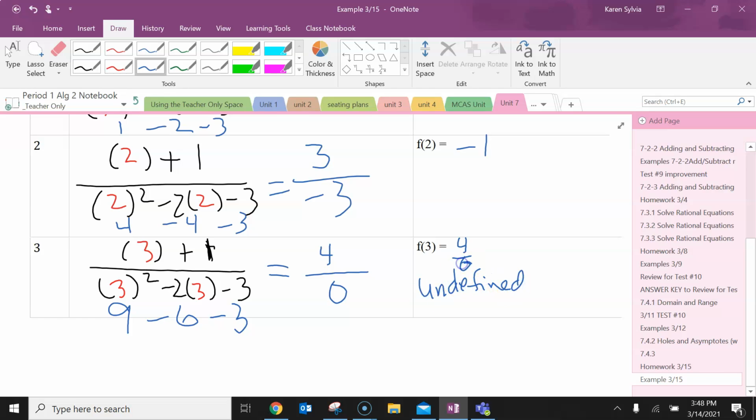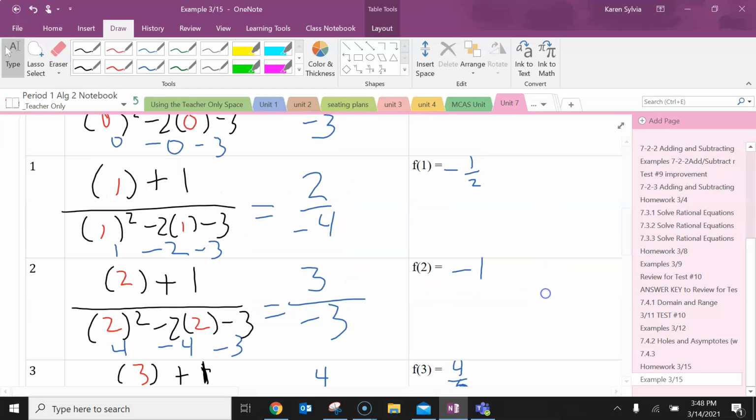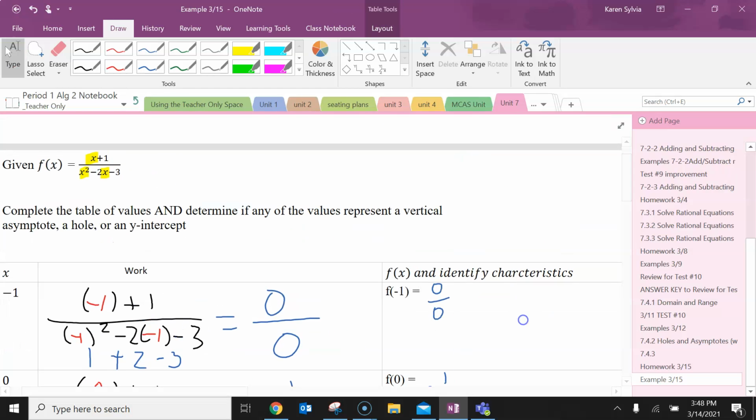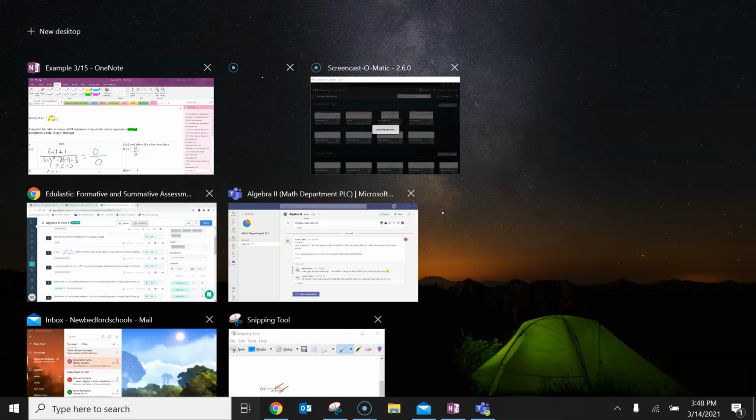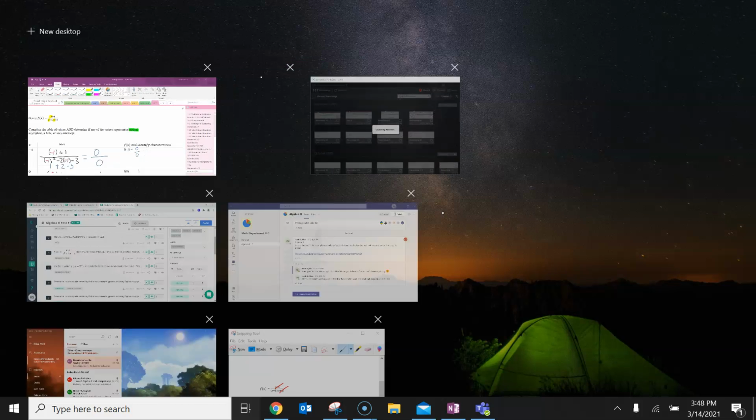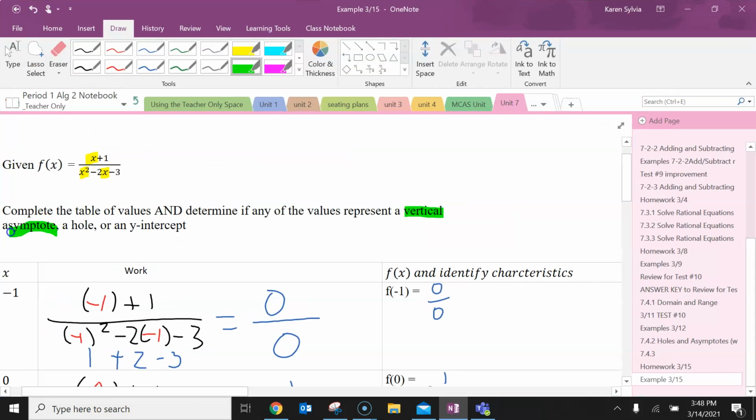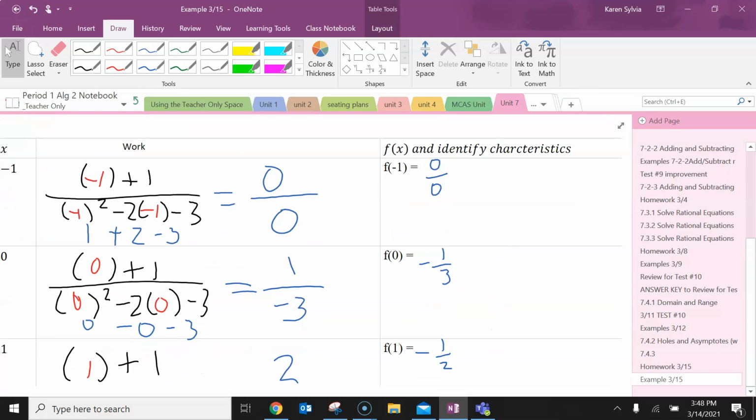So now I've got them all evaluated. My next task is to identify whether or not these values represent a vertical asymptote, a possible hole, or the y-intercept. So by definition, a vertical asymptote is when it's undefined.